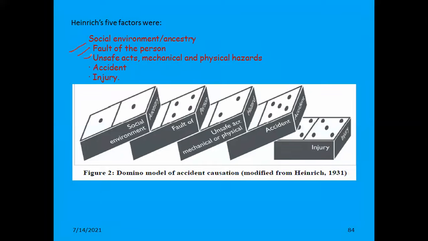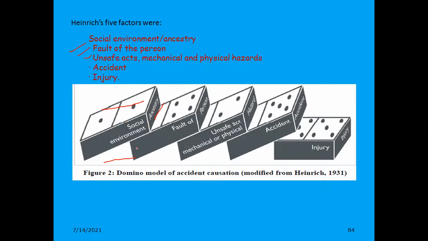Now see the figure here. Everything is linked to each other before injury. Once the injury is done, it is 100% sure. See the first point, social environment and ancestry. It's a social impact which is a very old ancestry concept, which is already sliding over the fault of a person.